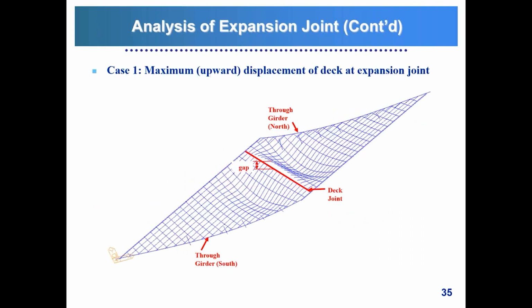And when we take a closer look at the deformed shape of the bridge, we see that this part, where the trucks are located, has a downward displacement, and that it's causing that joint to open up, and the deck to separate from the top flange. Now, once the loads are removed, or once the truck goes over the bridge, then this concrete deck will go down and start hammering the top flange.